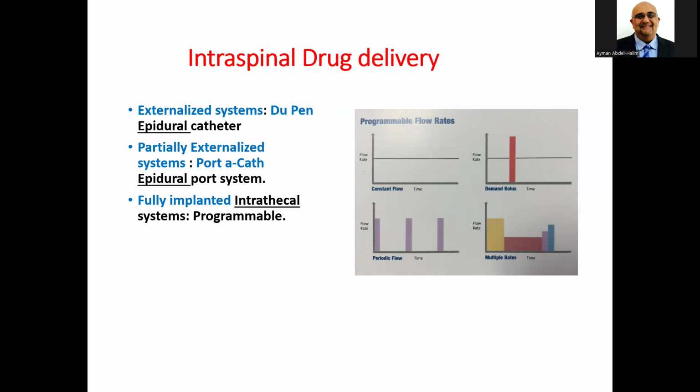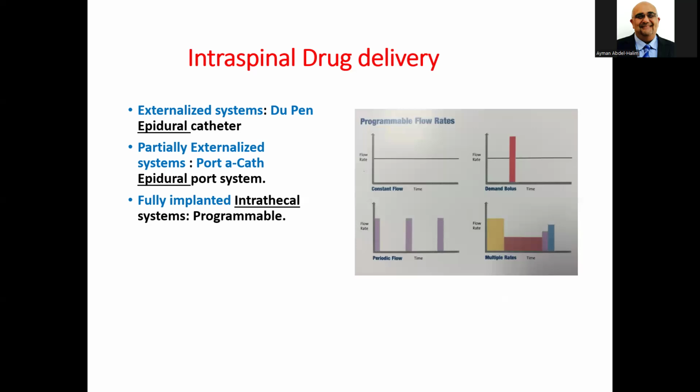While if you have a patient that will probably live beyond 3 to 6 months, it would be very wise to use the programmable intrathecal systems.